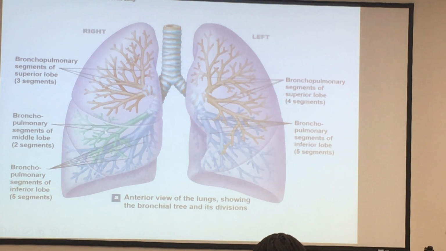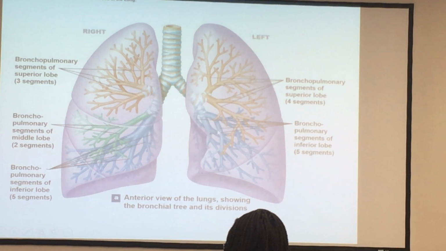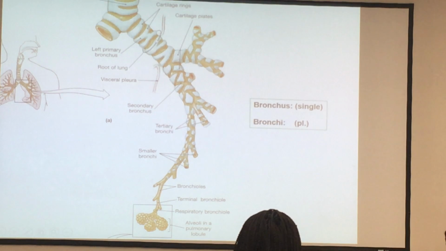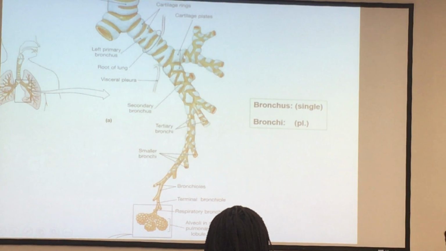Each secondary goes to 1 lobe, and the left lung only has 2. And as we continue to go down, only the primary bronchus you can see outside the lung tissue. The secondary is actually buried inside the lungs. The secondary you cannot see.